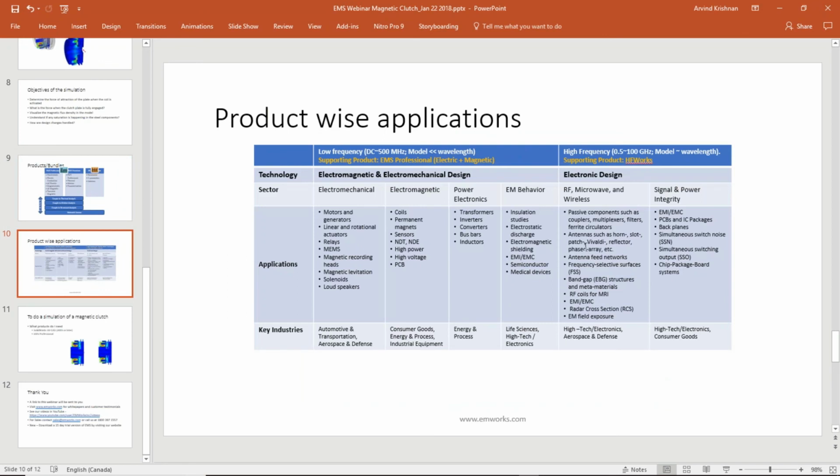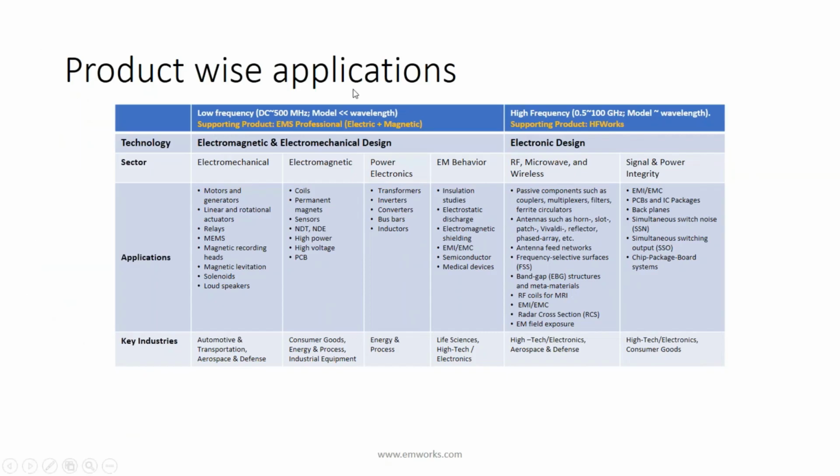Now let us quickly look at a product-wise application of EMS. As you see here, in the low frequency, one can do electromechanical component design and simulation. We can have motors, generators, linear actuators, magnetic recording devices, clutches, magnetic brakes, etc. Solenoids, they can all be analyzed using EMS. One can also design sensors.